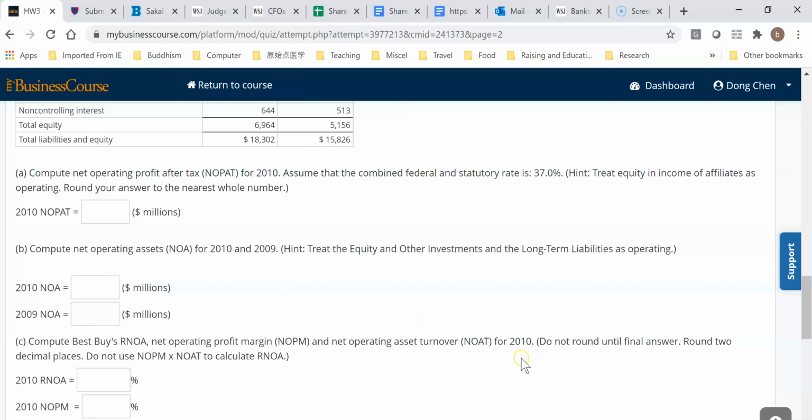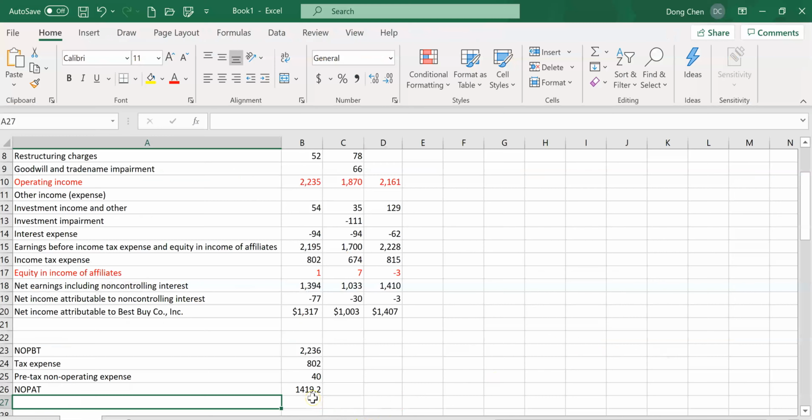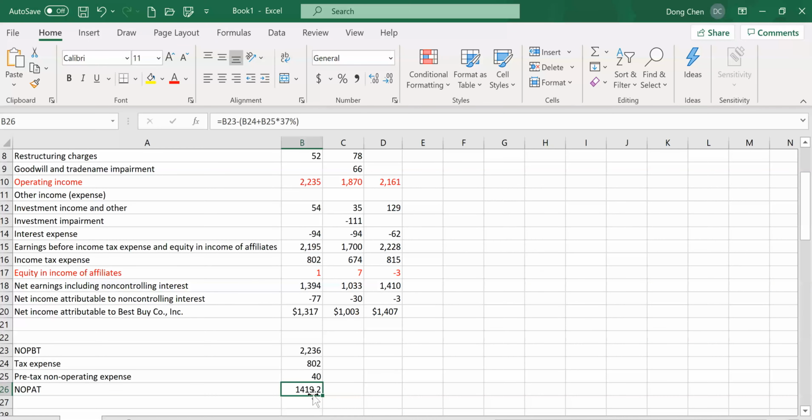You can see that part C here says do not round until final answer. So that means we don't have to use the round function that I introduced in an earlier video. The round function in Excel basically rounds a specific number to a certain number of decimal places, not just the format, but the number itself.